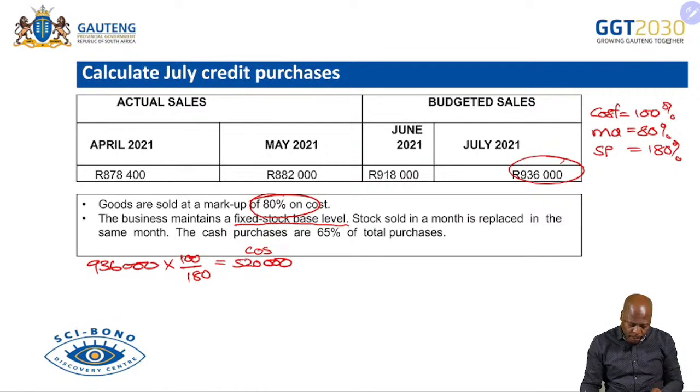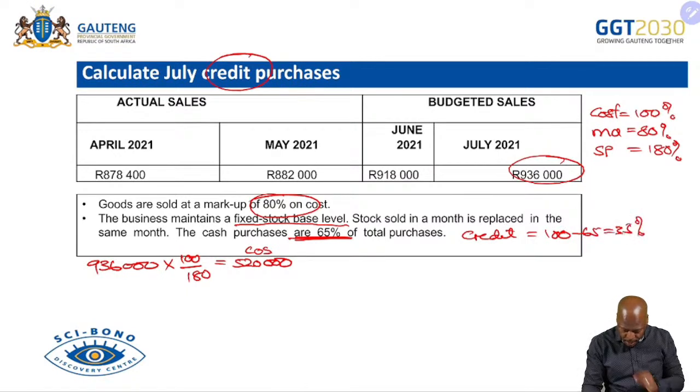Then when we bought the goods of 520, what we want is the credit purchases. What did they tell us? The cash purchases are 65%. If your cash purchases are 65%, your credit purchases are 100 minus 65, which gives you 35%. So you want 35 over 100 of the 520.